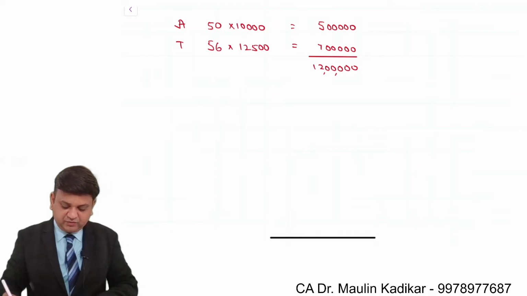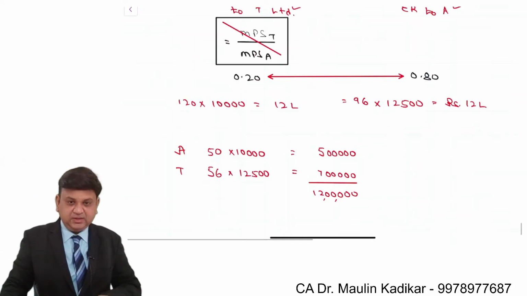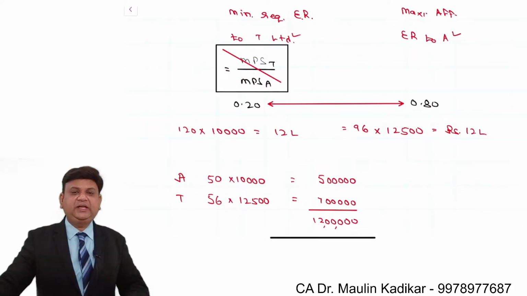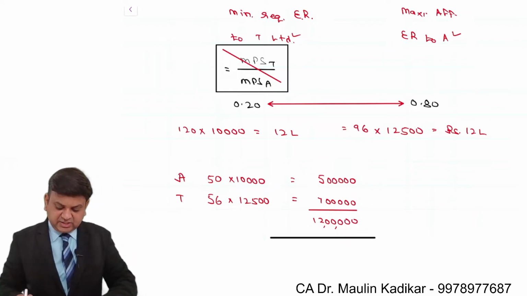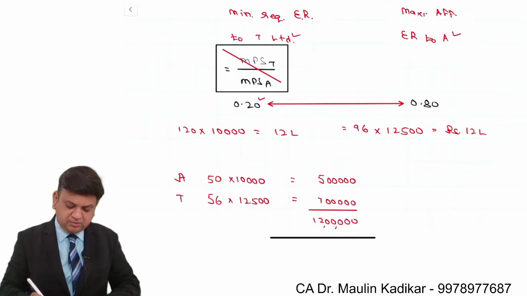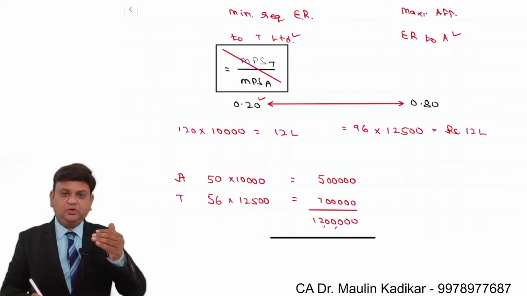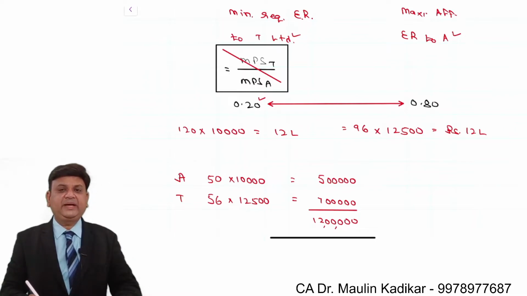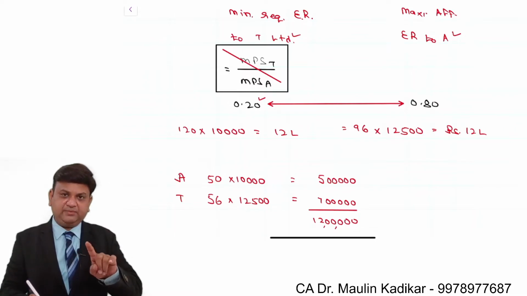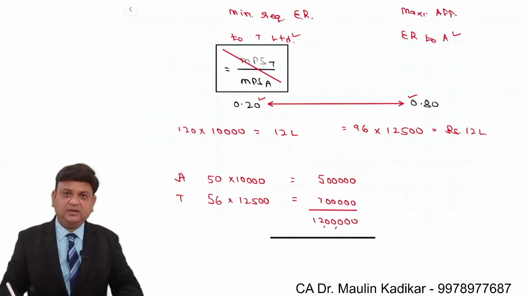In what ratio? 5 lakhs is to 7 lakhs. So we understand that the gain will be split between both of them. If the exchange ratio is near to 0.20, not below 0.2, then maximum gain is transferred to acquiring company, and if it is 0.8, then the maximum gain is transferred to the target company. That is what we understand.